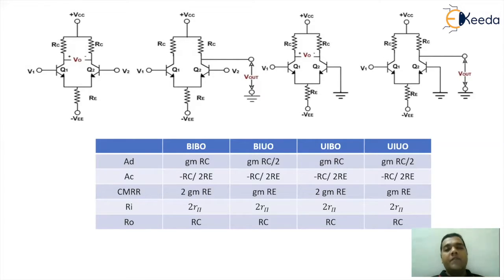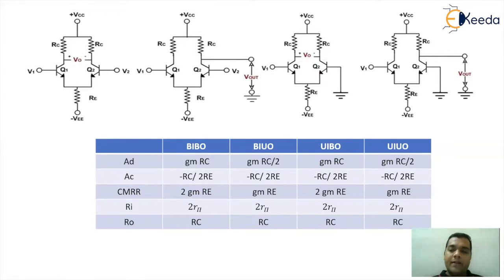Any of the amplifiers will have in all five parameters. The first parameter is the differential gain, defined as AD. The second is the common mode gain, defined as AC. Many also define this as ACM, standing for common mode.